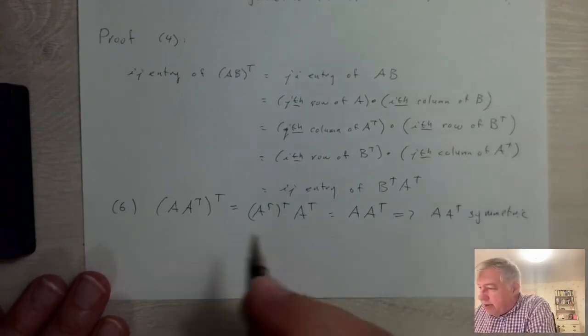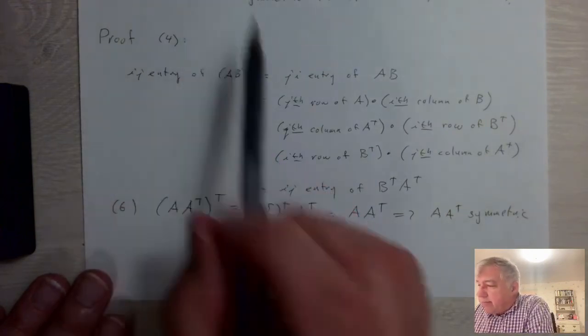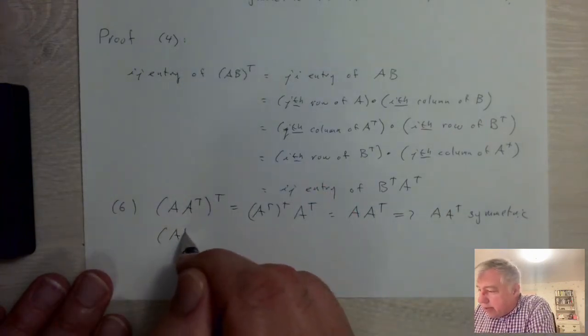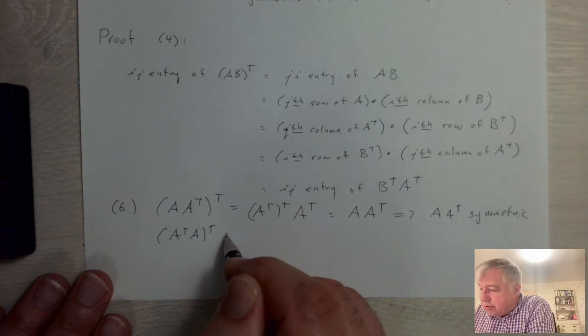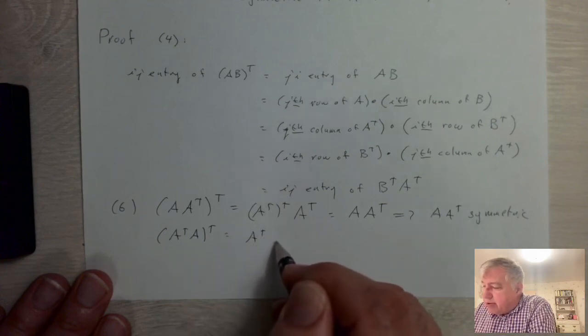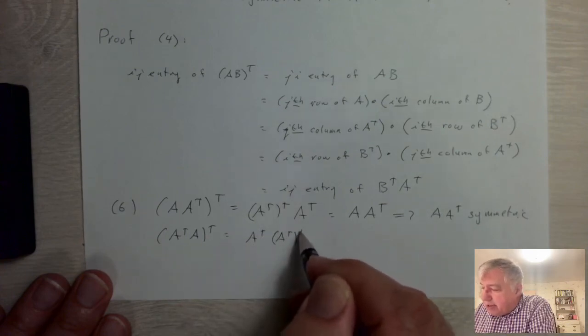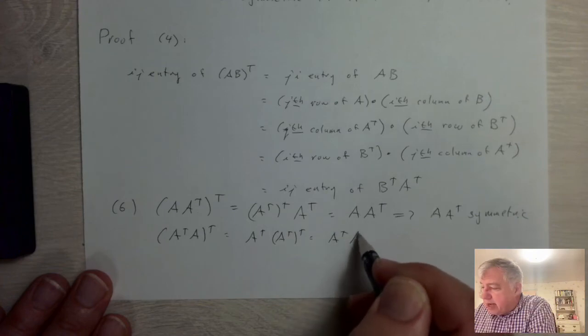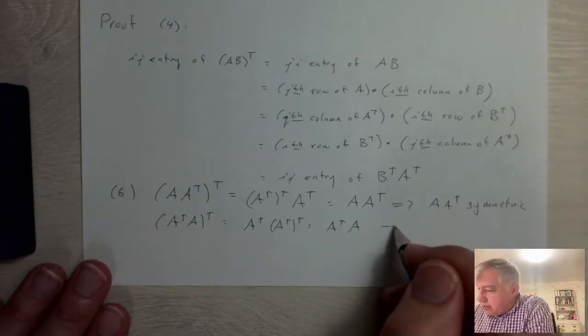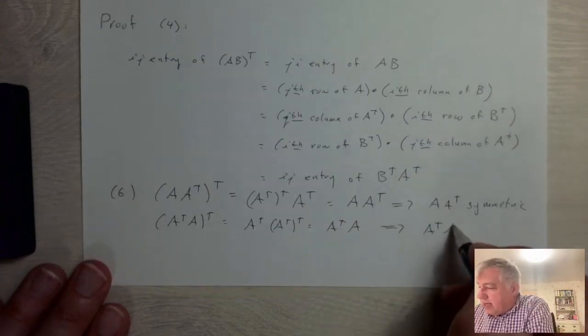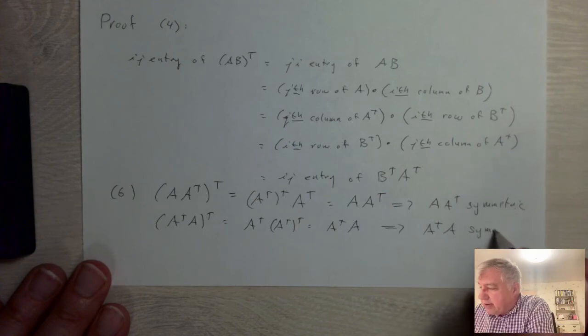And similarly, if we do the same thing here, the transpose of A transpose A will be A transpose A. So that tells us that A transpose A is symmetric.